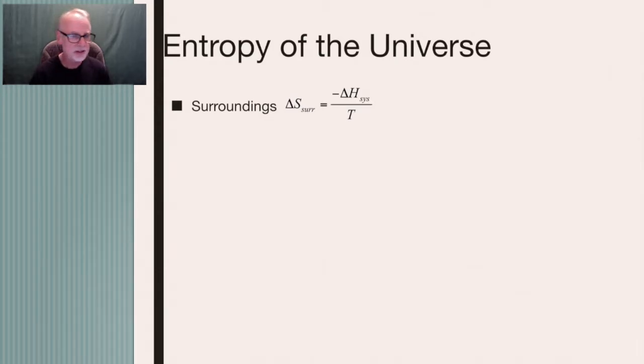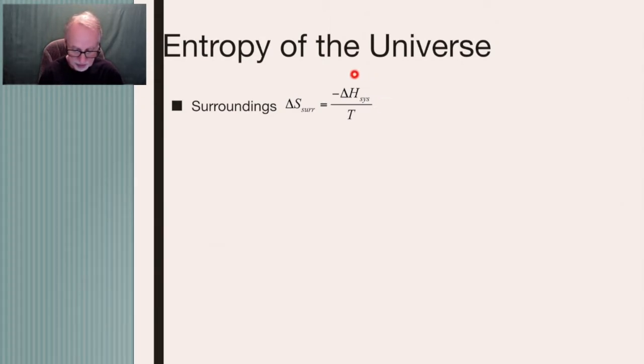The simplistic assumption here, rationalization, if you will, is that the surroundings are so much larger than the system that any change in the surroundings is reversible. Now, you could debate that, of course, but this is the calculation that we're doing to show the entropy change for the universe, and it does give us the result that we would expect in the case of supercooled water, because we certainly would expect supercooled water to freeze. I mean, if it's below 0, it's going to freeze irreversibly. So that's what we're going to do.